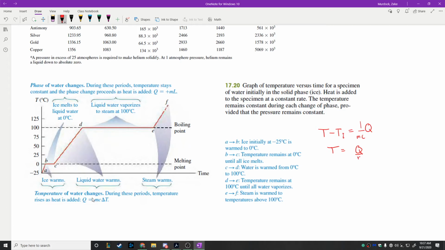Mass is probably a constant, so we just put that inside of there. So 1 over c represents your slope, right? So the thing with the smaller specific heat will have a steeper slope, right? Does that make sense?